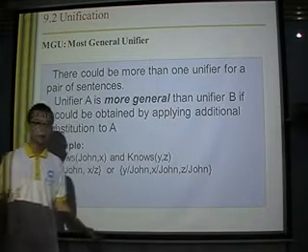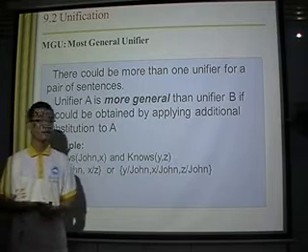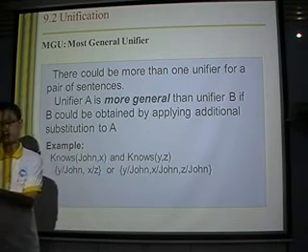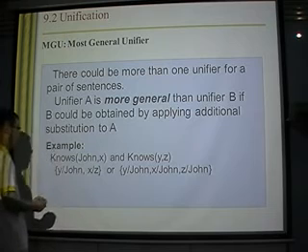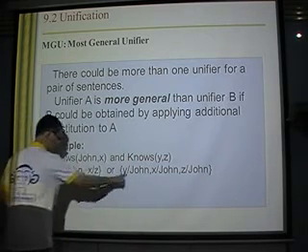There could be more than one unifier for a pair of sentences, and there are unifiers that are more general than the other unifiers. For example, for the pair of sentences here, we have two unifiers.